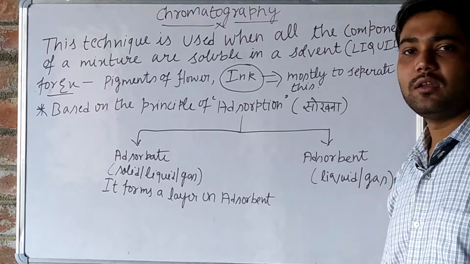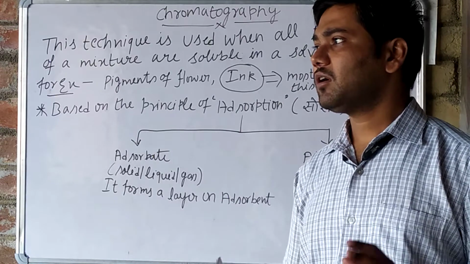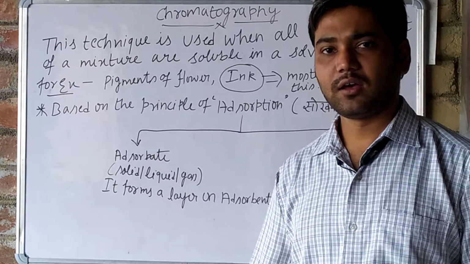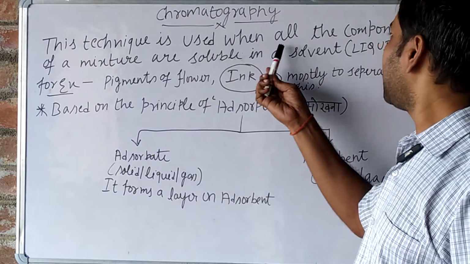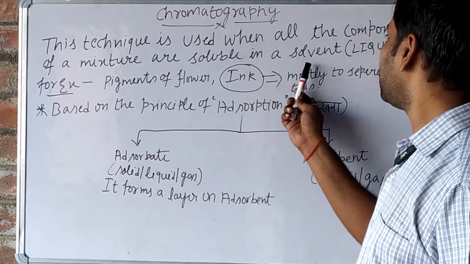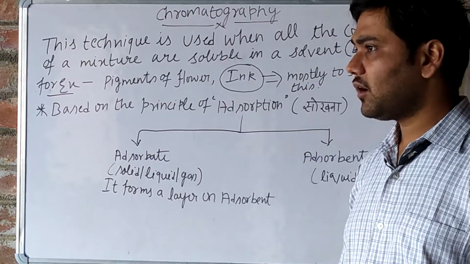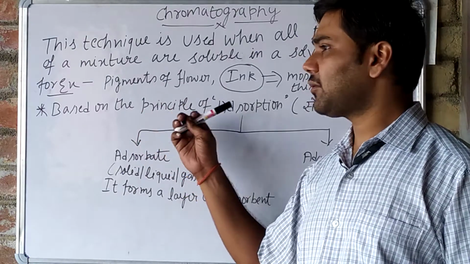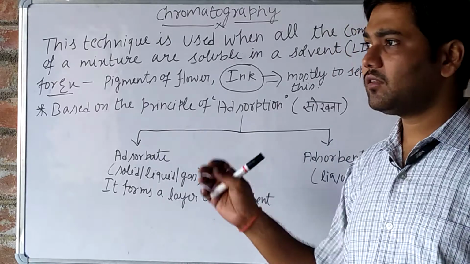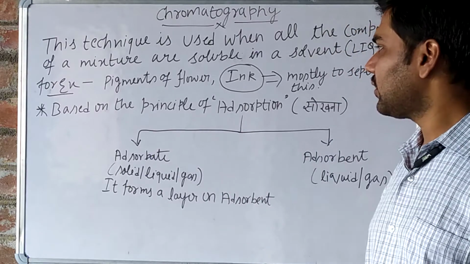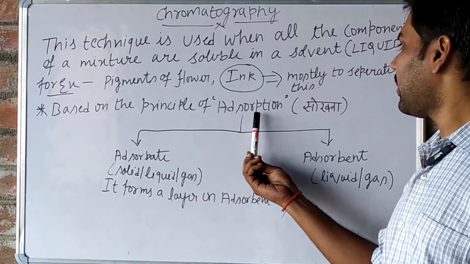So the technique used when all the components of a mixture are soluble in a solvent is known as chromatography, and examples are pigments of flower and ink. Ink is mostly used for this process.